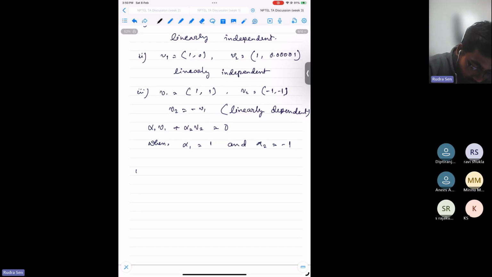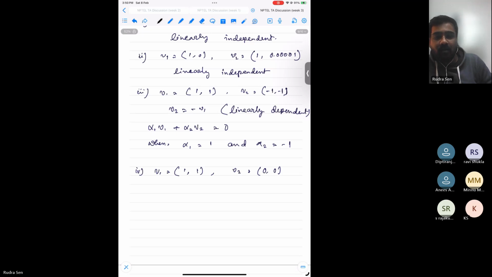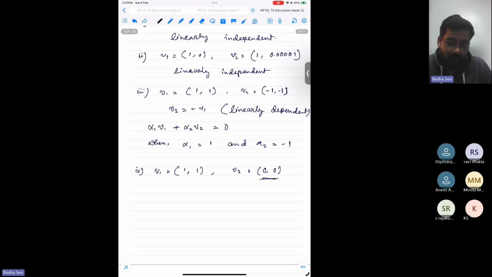The last one: are these vectors linearly independent or dependent? Independent, sir. No, they are not linearly independent, they are linearly dependent because of this zero vector. Now you'll ask how it is possible.